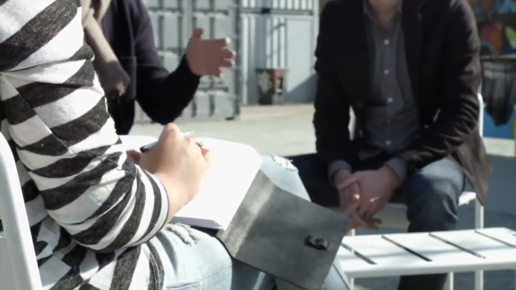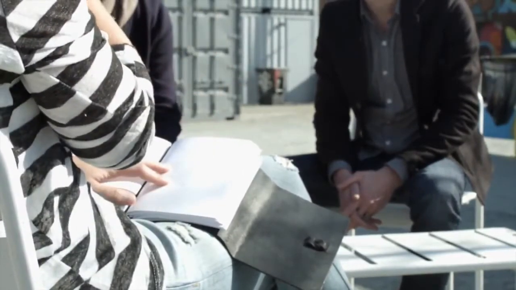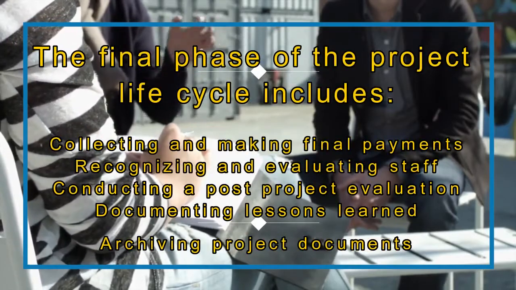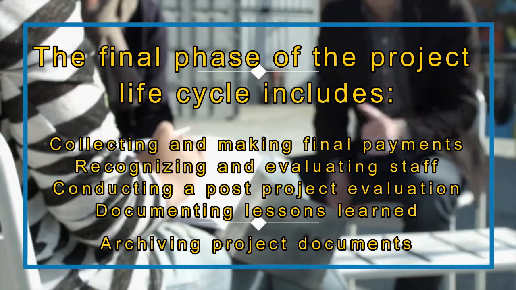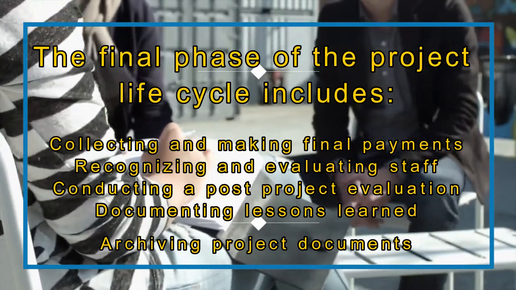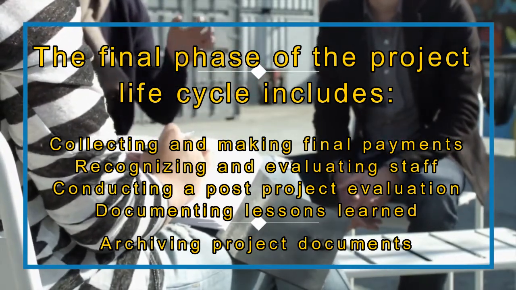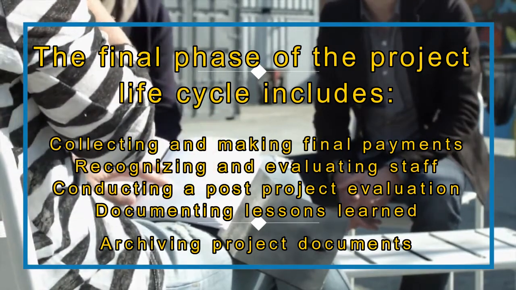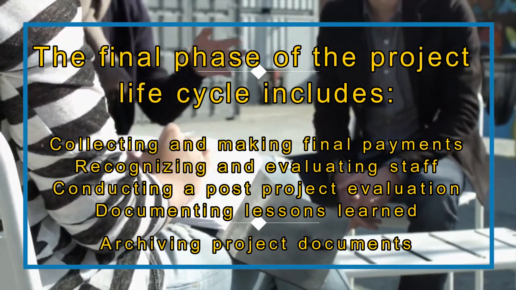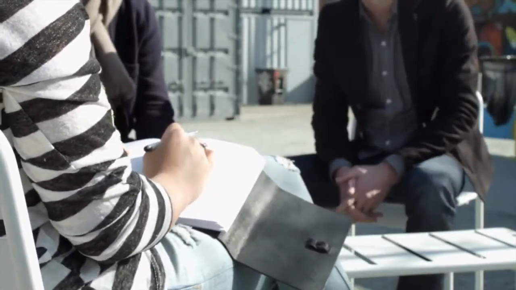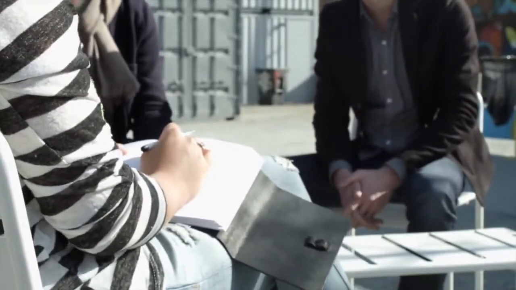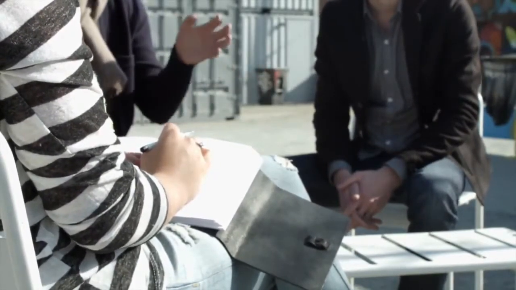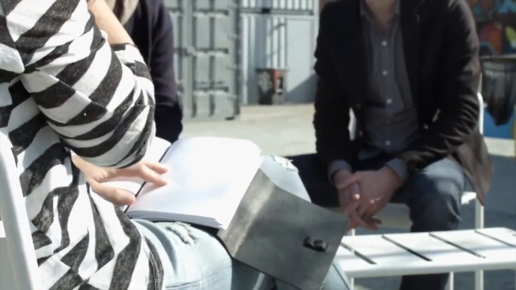The final phase of the project life cycle includes a variety of actions such as collecting and making final payments, recognizing and evaluating staff, conducting a post-project evaluation, documenting lessons learned, archiving project documents, and using a knowledge base to record lessons learned. The post-project evaluation is helpful to retrieve the lessons and information that could support future business with the customer or other customers.